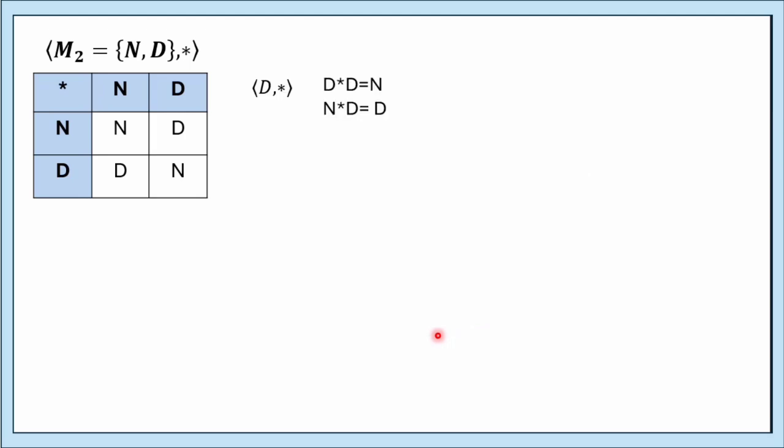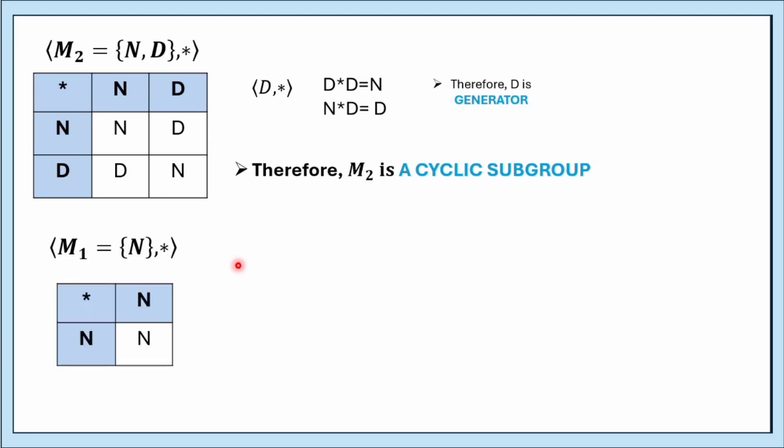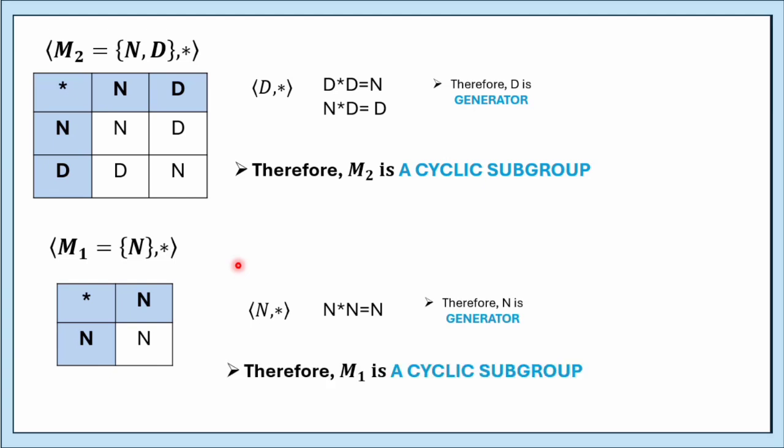So D star D is equal to N, and N star D is equal to D. And therefore, D is a generator since it generates all the elements of the set, and therefore M sub 2 is a cyclic subgroup. And lastly, we have M sub 1 is equal to the set of N under the binary operation star. So N star N is equal to N, and therefore N is a generator, and M sub 1 is a cyclic subgroup.